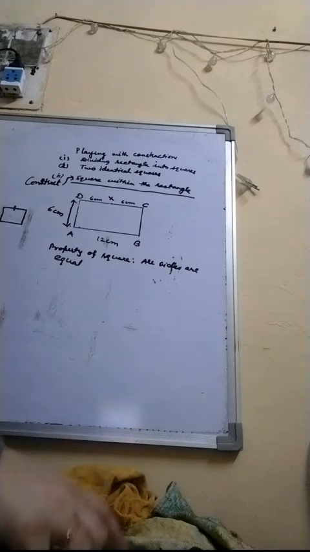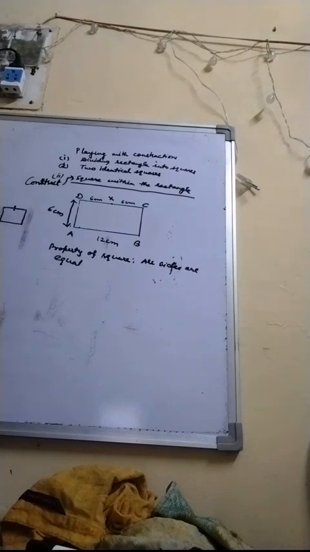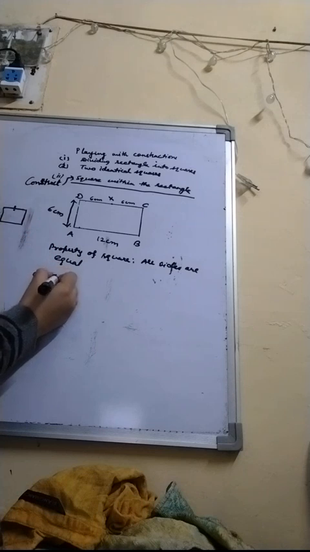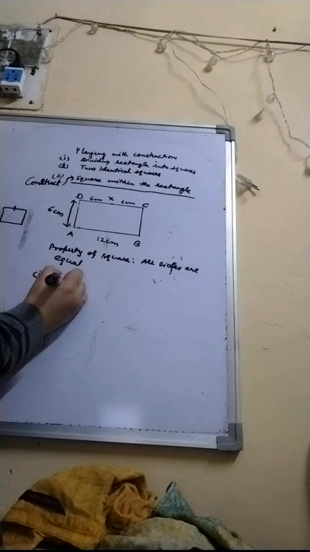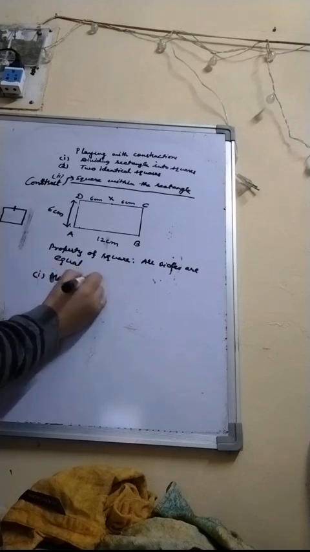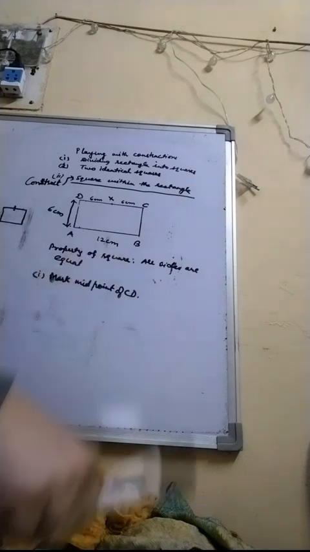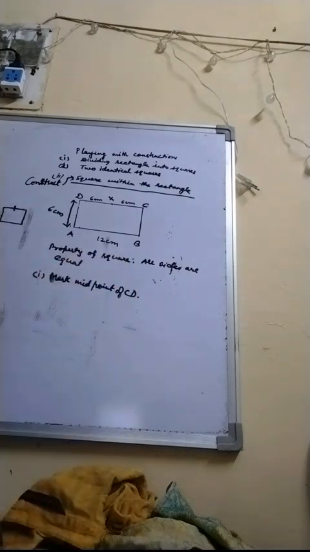So now what we would do, we have taken the midpoint of CD. So first step is to mark the midpoint of CD. From there onwards, total is 6. So what is half of 6 centimeter? That is 3 centimeter.